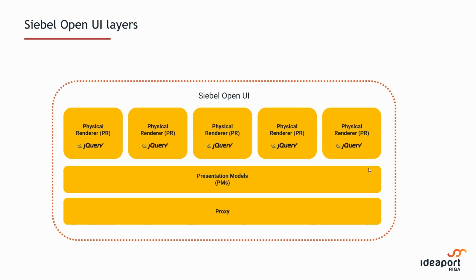Then we do the physical rendering of the UI; we configure things in Siebel Tools, and then it automatically gets rendered for us. And Oracle, with the Open UI introduction, used the best JavaScript library available at that time, jQuery, for doing the work. And then you have the different physical renderers on the applet level, on the view level, on different layers.